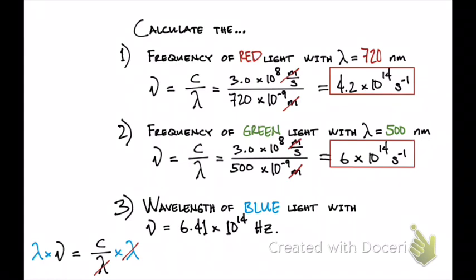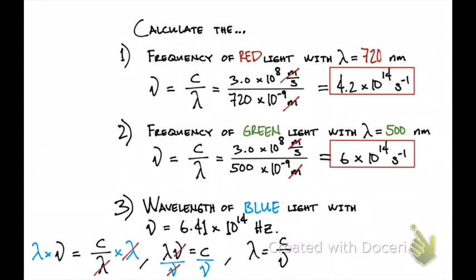But we want wavelength by itself. Right now, it's lambda times frequency equals the speed of light. So let's clean this up a little bit here. So now to isolate wavelength, we're going to divide both sides by frequency. So frequency will cancel out on the left.